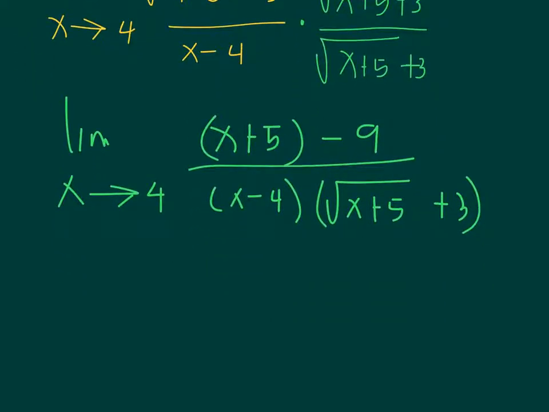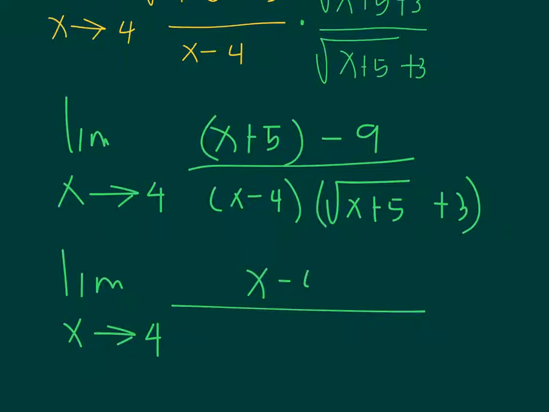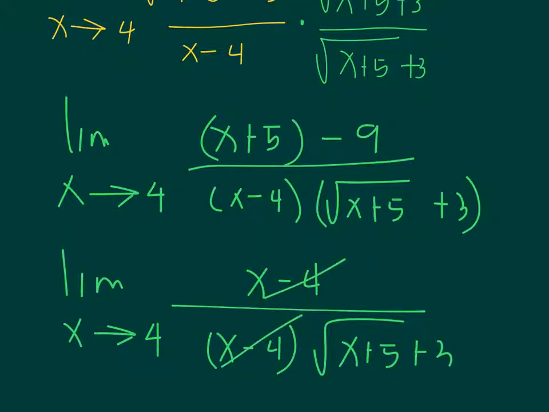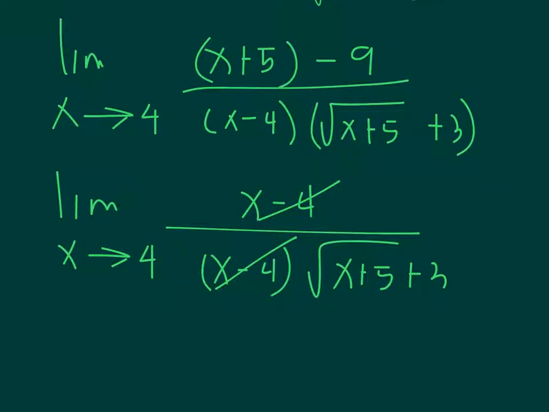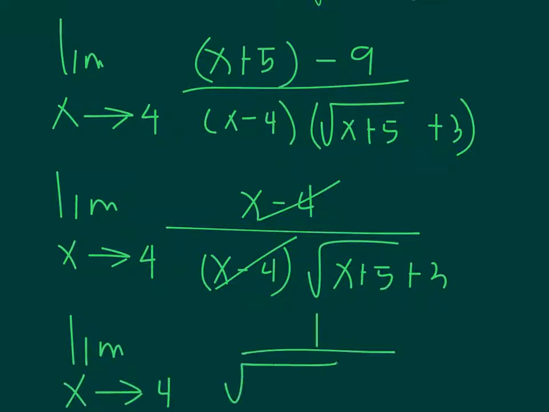And the effect of the conjugate is that what will happen to the numerator? X minus 4. And you'll see that that will cancel the x minus 4 in the denominator. When we cancel something, we remove the value that will make it 0, so hence we can find the limit. So limit as x approaches 4, 1 over square root of x plus 5 plus 3.